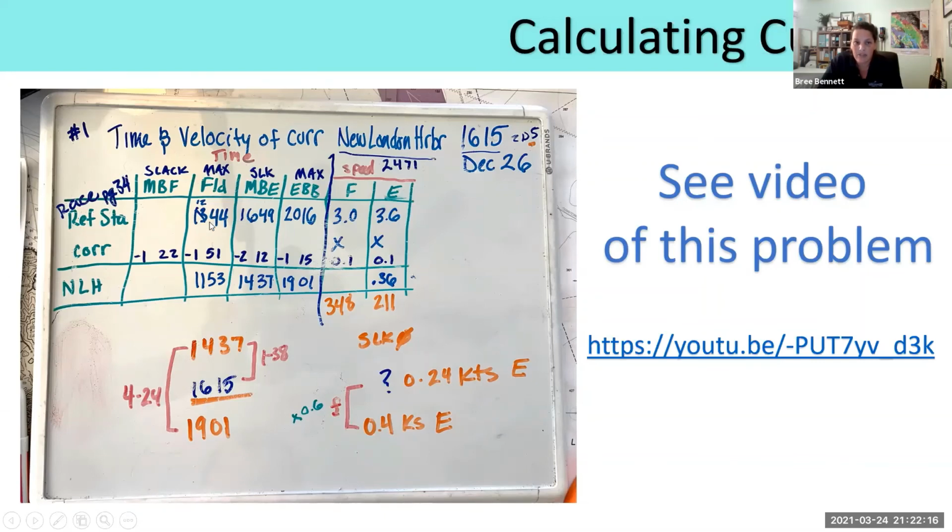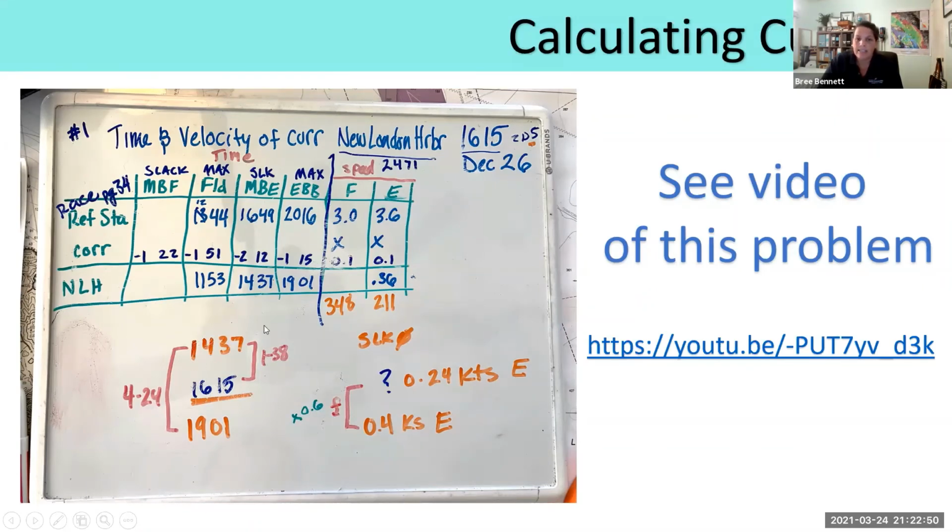We had a max flood, a slack, an ebb. We applied our corrections, and we got what was going on at the subordinate station. The reference station had their maximum velocities. My correction ratio was 0.1. I always multiply it, so I got 0.03. And then I wrote in what the direction was.